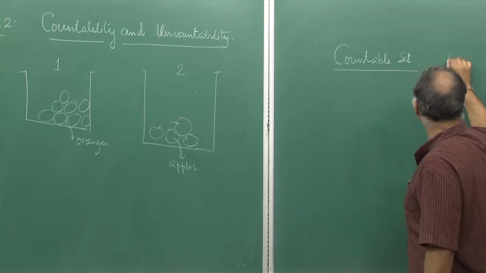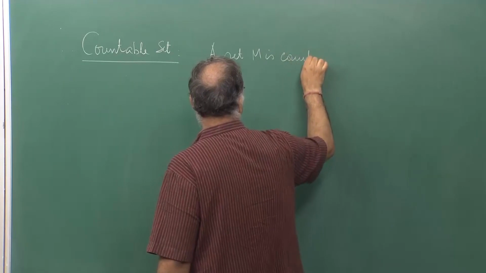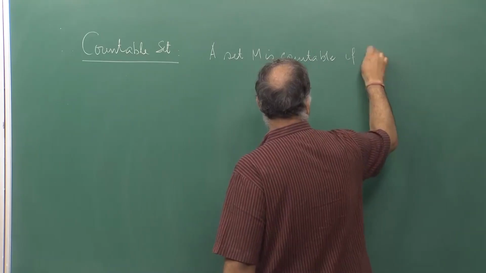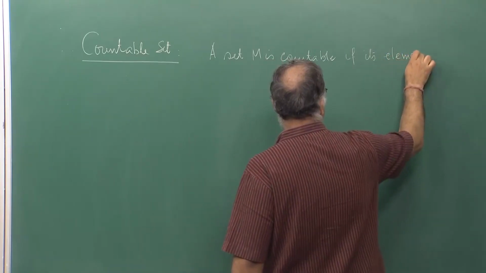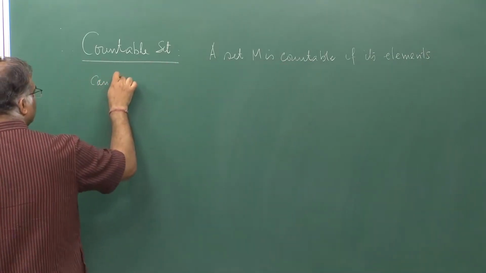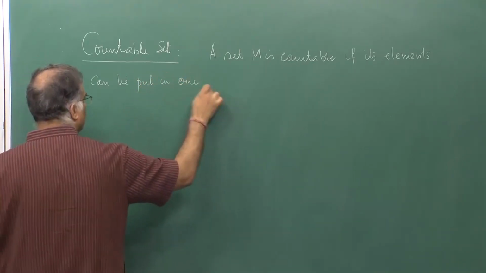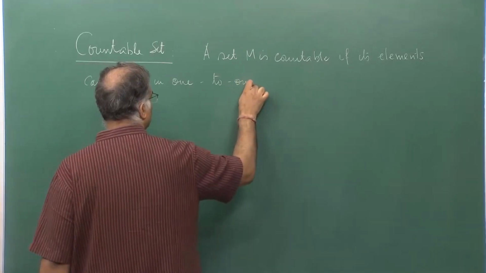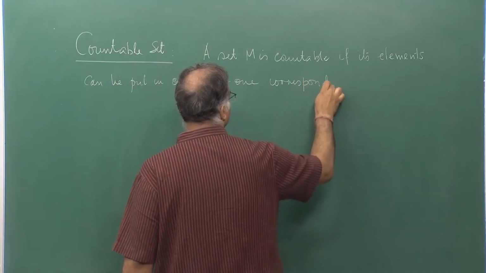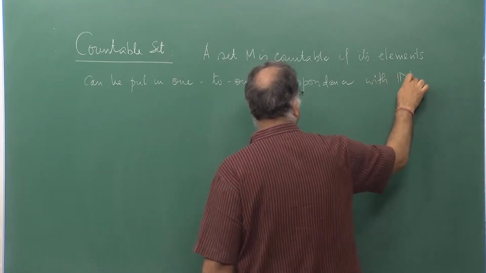So a set M is countable if its elements can be put in one-to-one correspondence with N, the set of natural numbers.